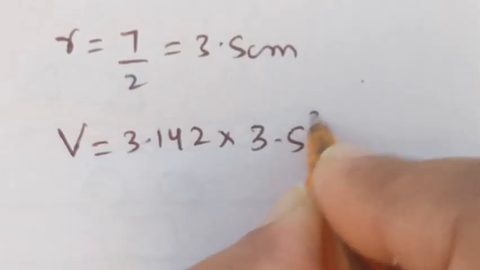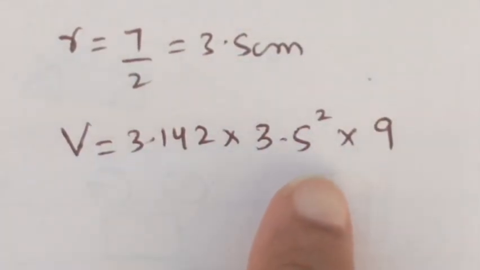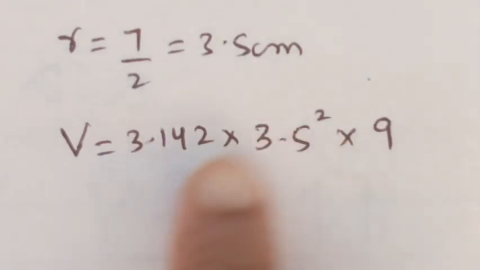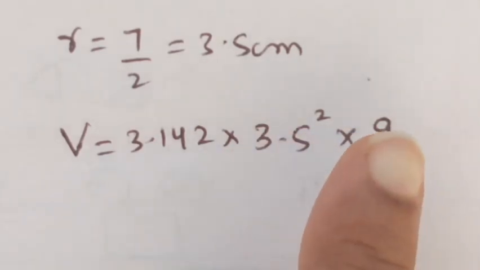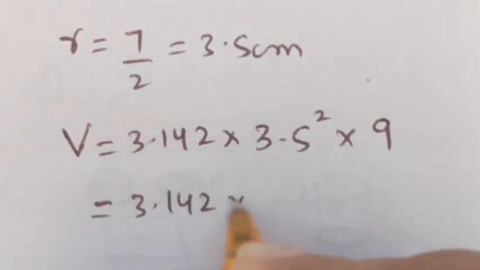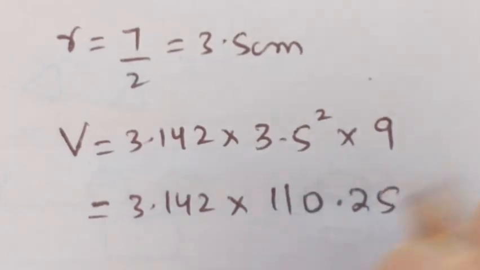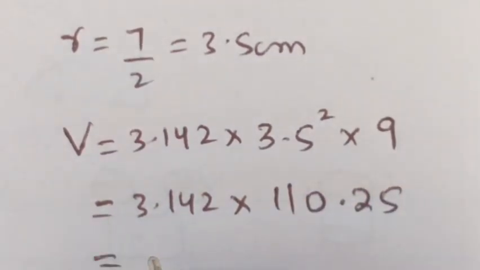Now 3.5 square multiplied by 9. First we find the square of 3.5, which is 12.25, right? Then we multiply it by 9, which is around 110.25, and finally we multiply it by 3.142.